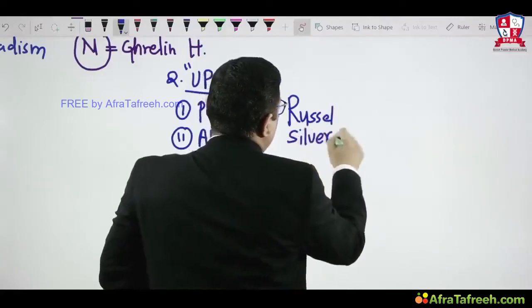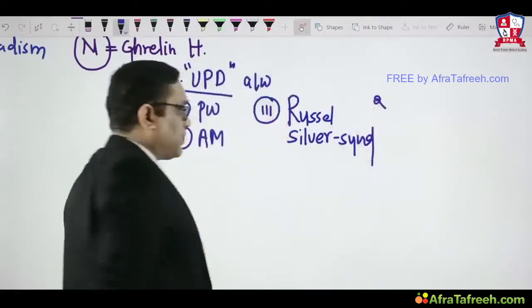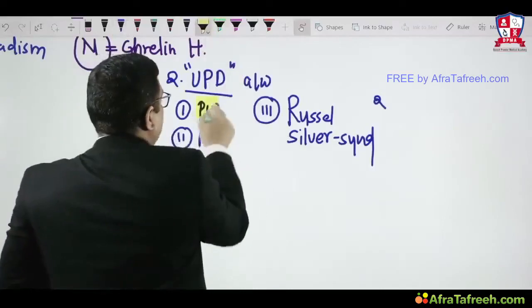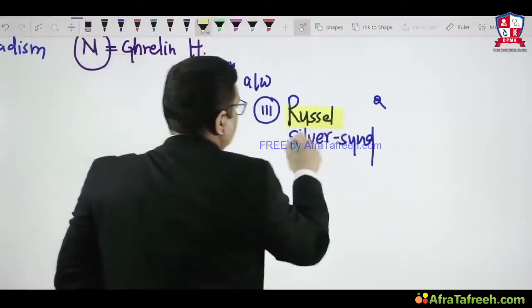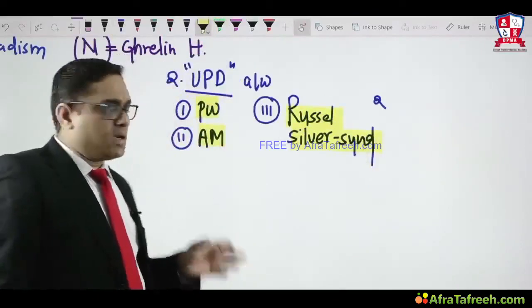When you open Harrison you will find this name, which was given in the AIIMS exam also. So these are the 3 names which the examiner asked: Prader-Willi, Angelman, Russell-Silver syndrome. They are associated with uniparental disomy.